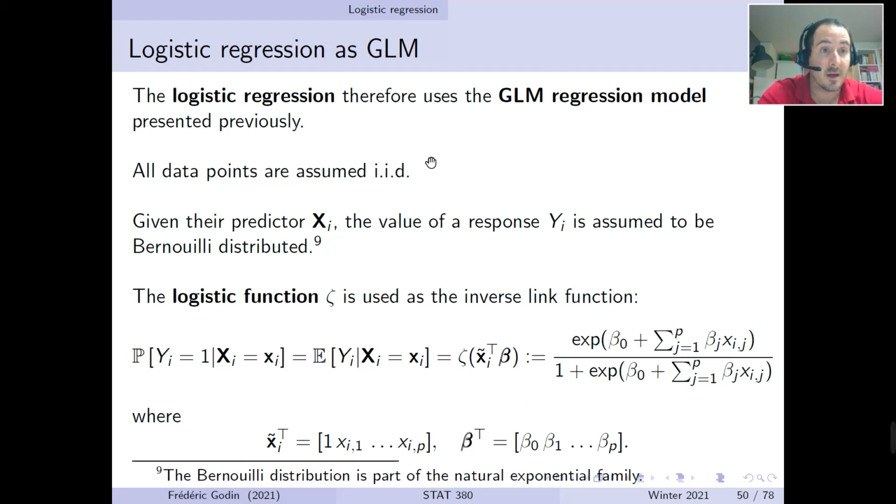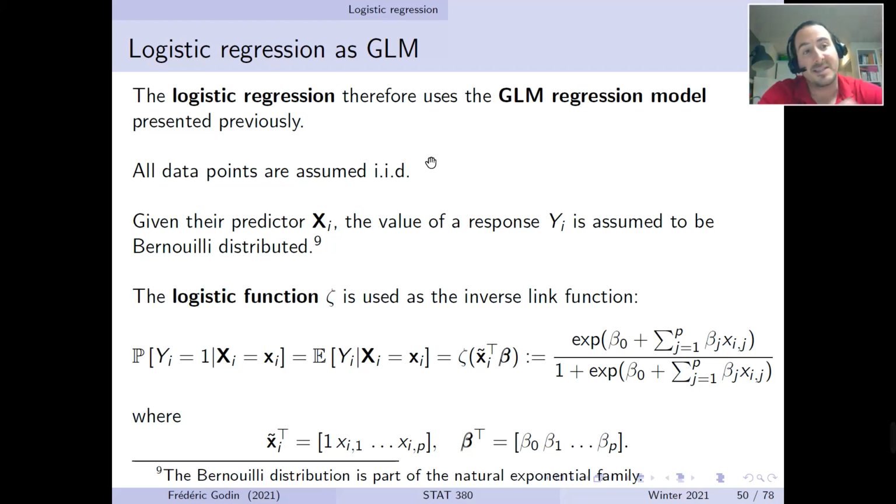In this case, the response is either 0 or 1, so the assumption is that the response is drawn from a Bernoulli distribution. Recall that a Bernoulli variable equals 1 with probability p and 0 with probability 1 minus p.